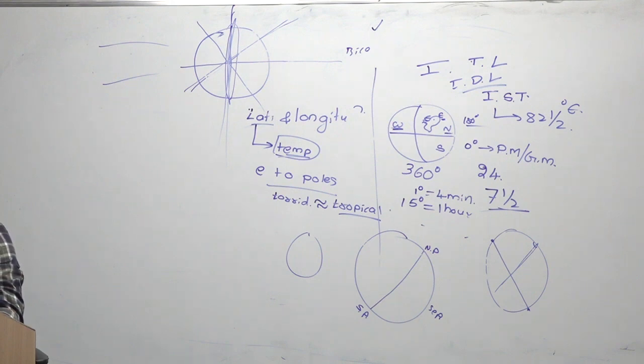The length of day and night at the equator is almost 12 hours.